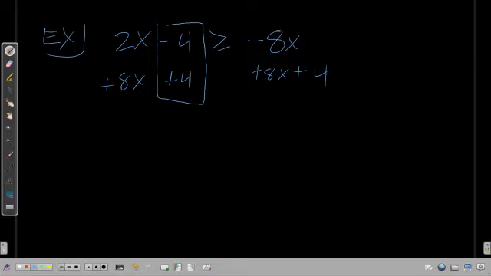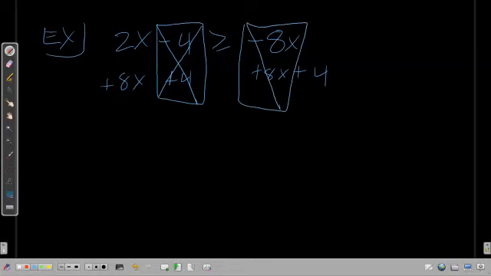Adding 4 on both sides makes this part add up to 0. Adding 8x on both sides makes this part add up to 0. And then you can readily see what the resulting statement would be. The 8x and the 2x is 10x, and it would be greater than or equal to 4.